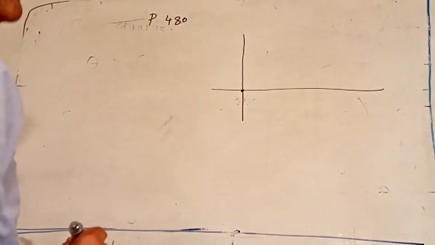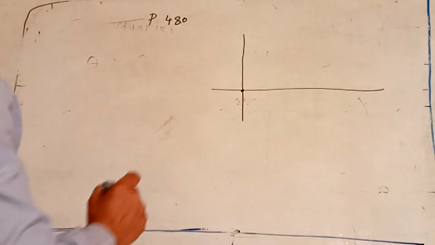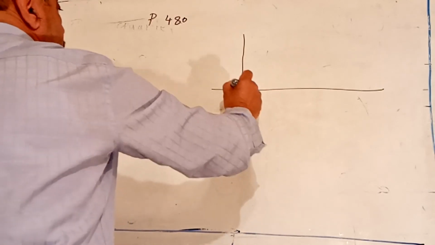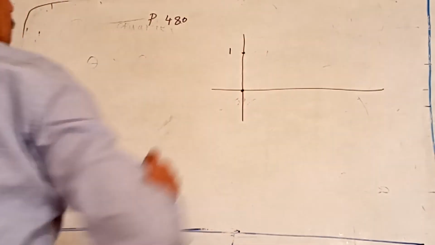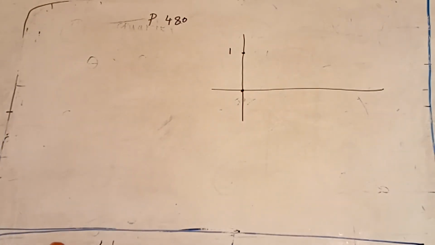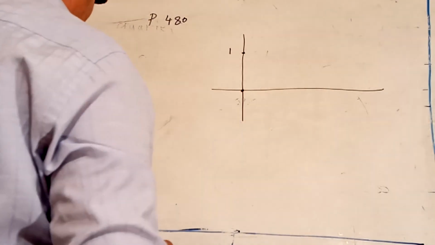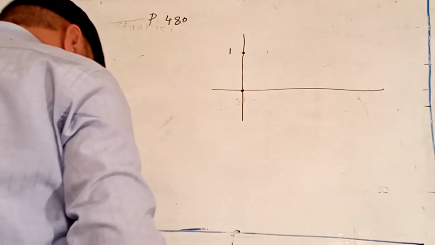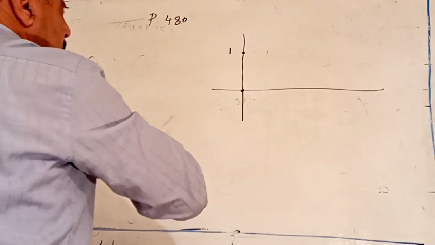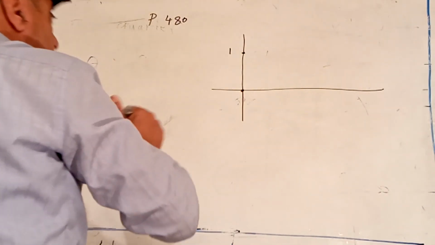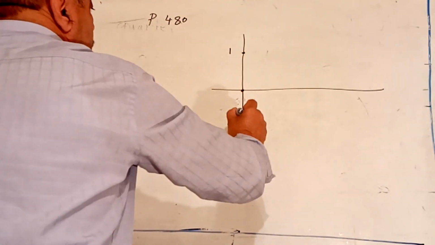Alright, we said that the maximum value for sine theta is plus 1, and the minimum is negative 1. So this should be 1 at the angle 90, sine 90 equal to 1. As we said, sine 90 equal to 1. And this is minus 1.